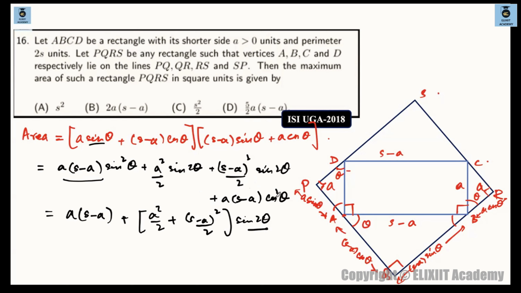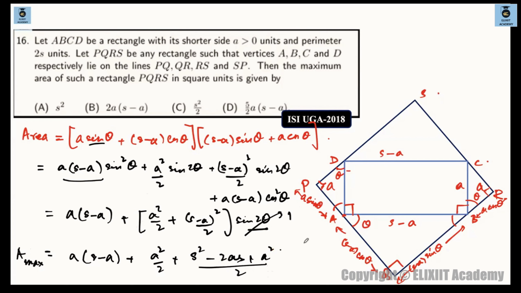Okay, so for maximization of area, what will happen? So a into s minus a plus a square by 2 plus, for maximum area this needs to be 1. This will become 1, the maximum value is known, and the remaining values, a into s minus a, are basically fixed values. Okay, so a square by 2 plus let's break this thing, so s square minus 2as plus a square, and this divided by 2.